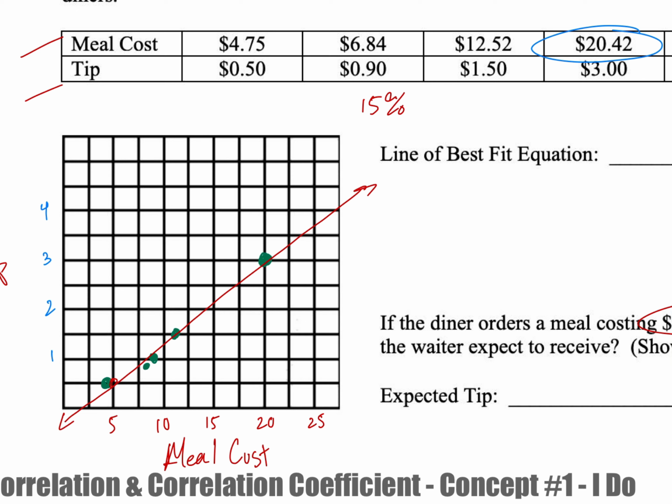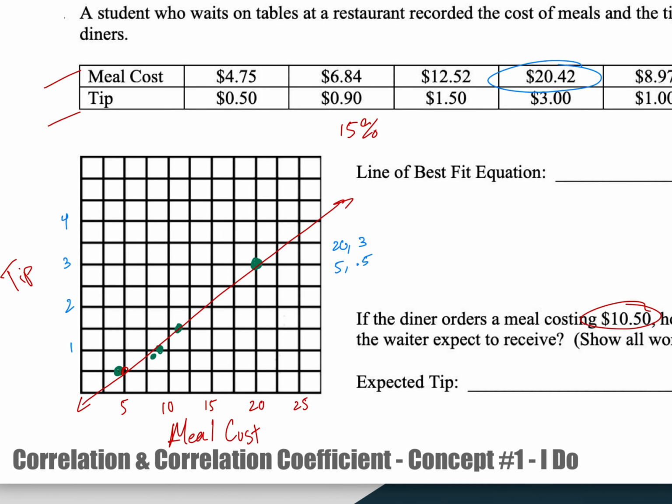Now, say that this line went through 20.3, not necessarily that green point, just that it went through it, that would give us 20.3 for a point. We'll say the other one went through 5 and 0.5. So you can do your subtraction here: we went up 2.5 in the y, and we went over 15 in the x.